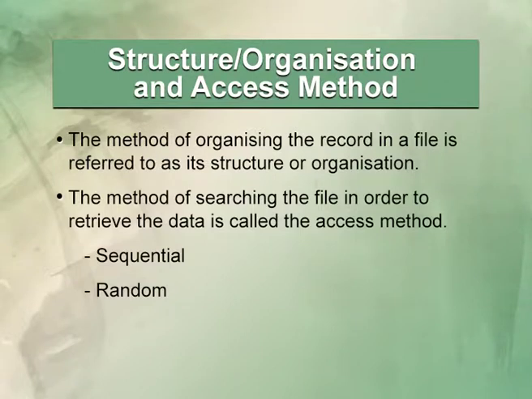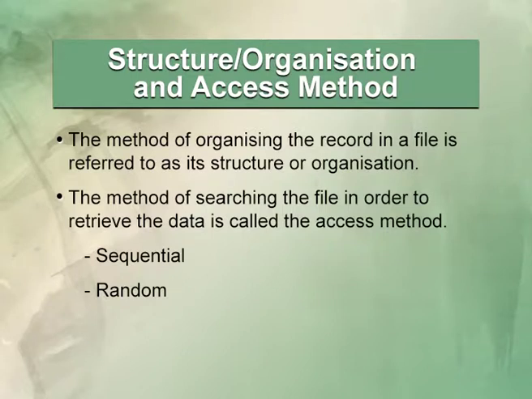Then let us see the organization and the access methods. Most of the students confuse this file organization method with the access methods. The method of organizing the records in a file is nothing but the file organization or file structure.